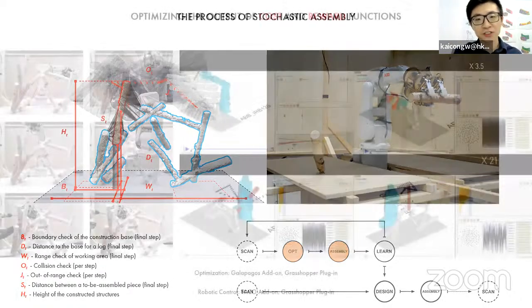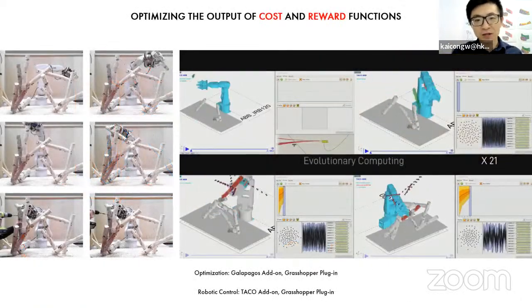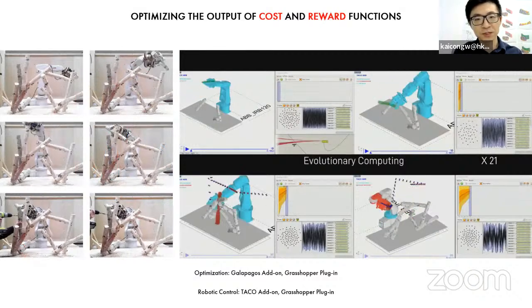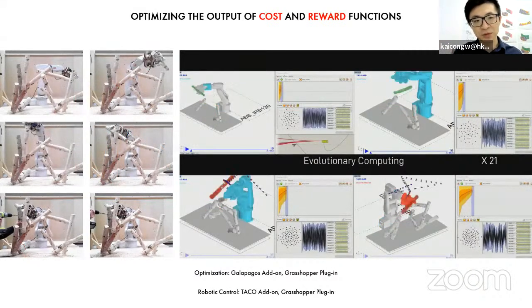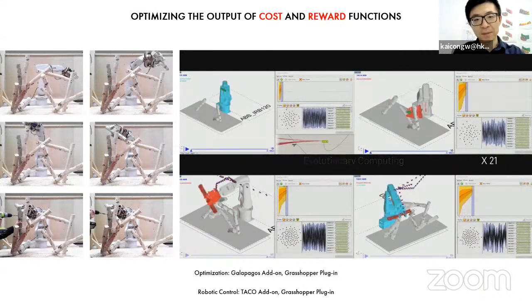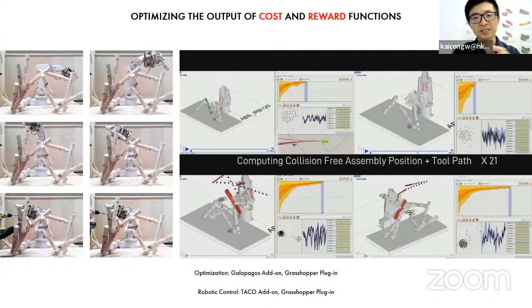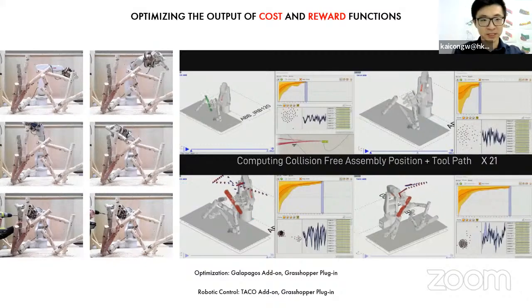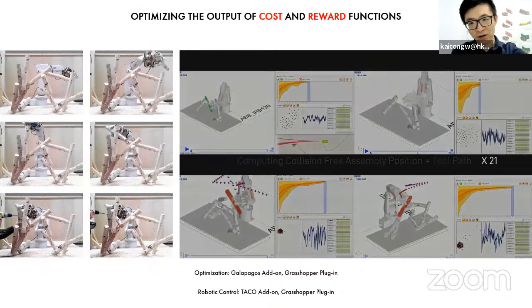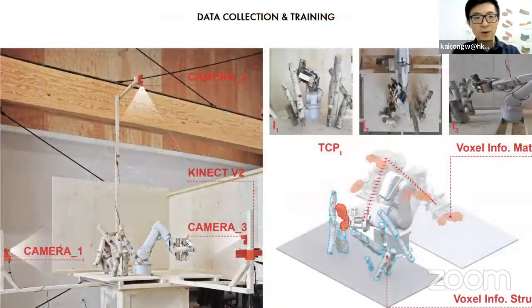So all these evaluation criteria will be considered in the loop. But it's not just computing the final position, it's computing all these middle steps as well, to make sure that during the process of the robotic arm positioning the log, there will be a clear toolpath and without collision as well.